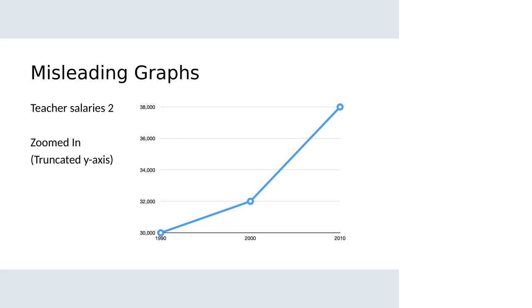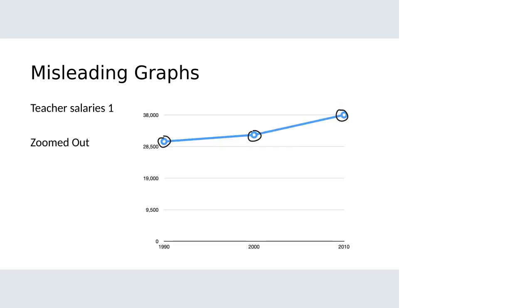The difference is here in the y-axis. You'll notice in the graph that the school board put forth, our y-axis goes from 30,000 to 38,000. In the graph put forward by the teachers union, our y-axis goes from 0 to 38,000. It's the exact same data.